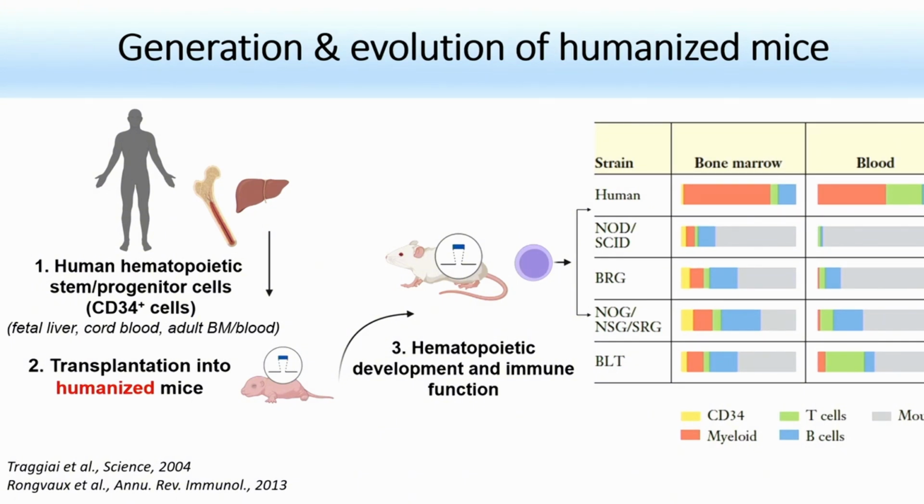So that mouse is now engineered, and we look at the top of that under number 1. We take human hematopoietic stem and progenitor cells. These are the cells that make all blood cells, and we just transplant them into a baby mouse. You just take a needle, take the cells, it's not complicated, put them into the mouse, and they'll grow up in the mouse, and that mouse will have human cells, and you can study anything you want in those mice.